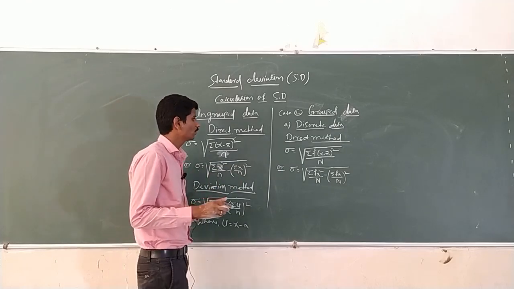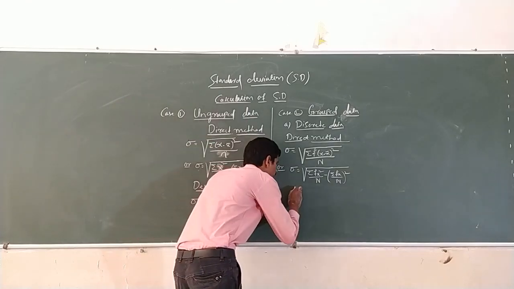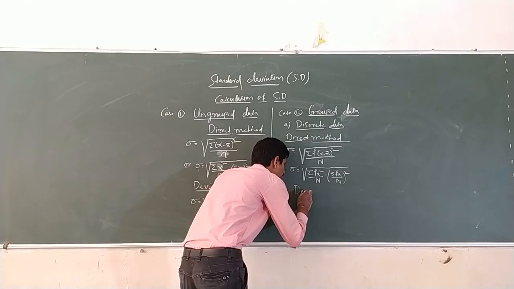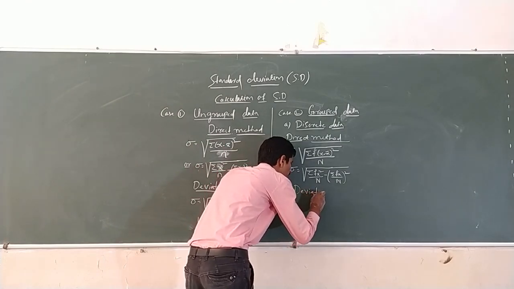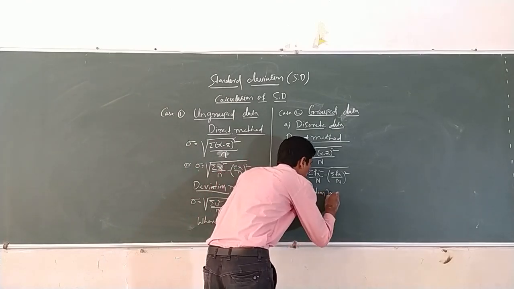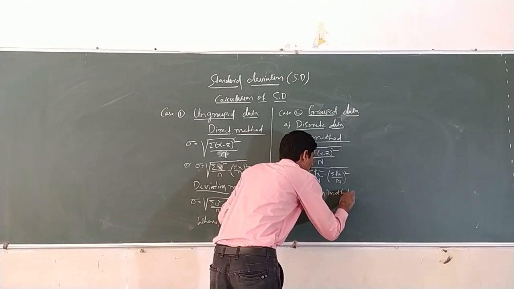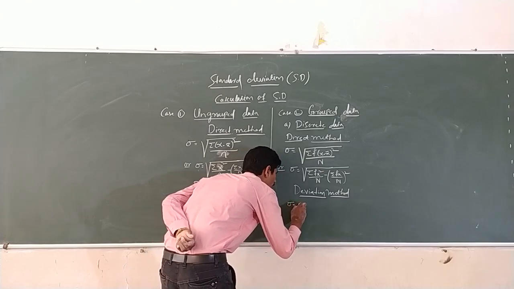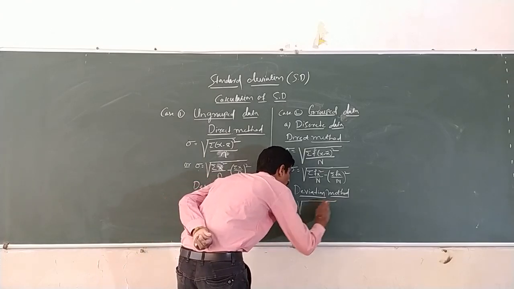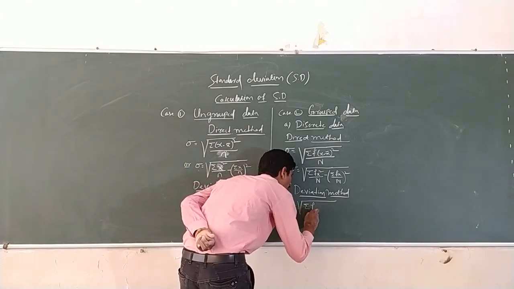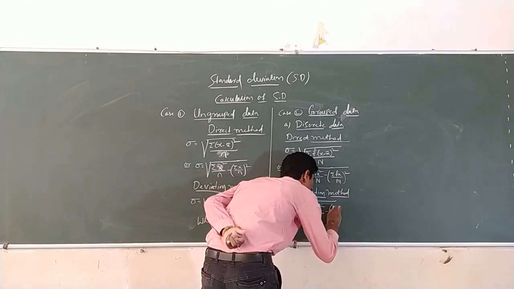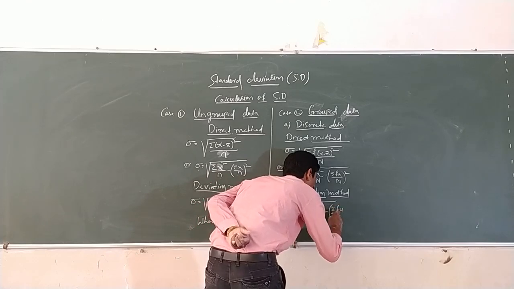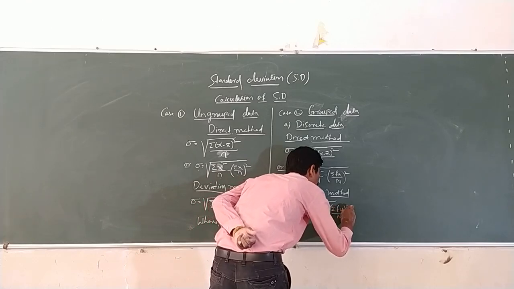The next one, deviation method. Sigma equals the square root of sum of fu square by capital N minus (sum of fu by capital N) whole square.